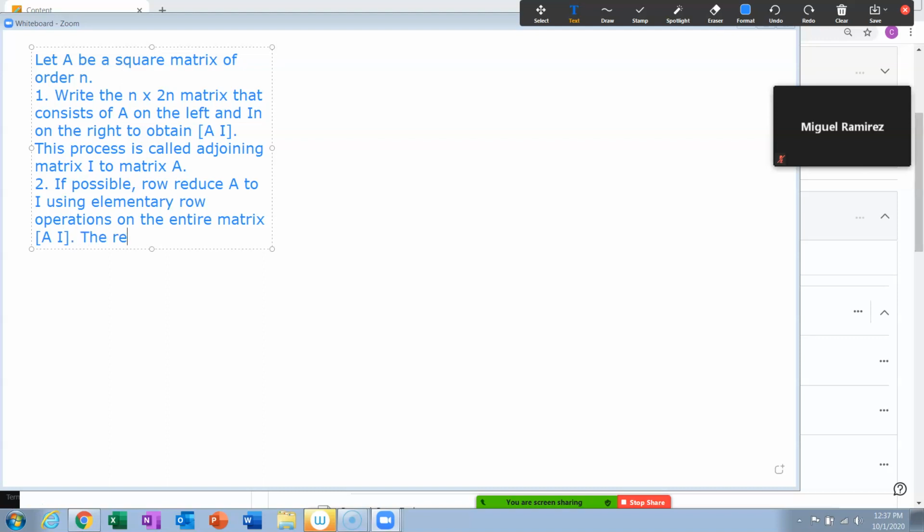The result will be the matrix I A inverse. Now I can't write superscript, so that means A inverse.